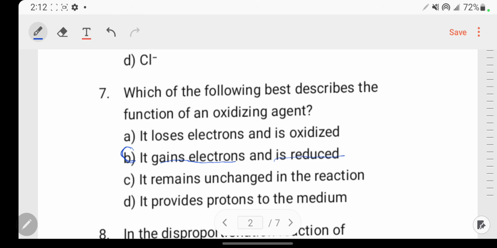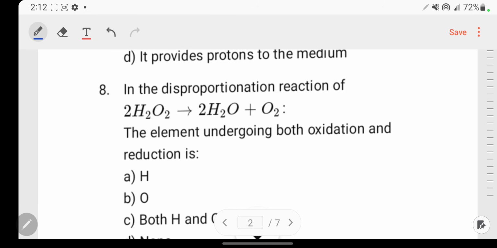Let's look at question 8. Question 8 says, in the disproportionation reaction of hydrogen peroxide to produce water, the element that undergoes both oxidation and reduction is. If we look at this, we know from our knowledge that oxygen in peroxides has a charge of -1. If oxygen in a peroxide has a charge of -1, then in other normal compounds such as water, it has a charge of -2.